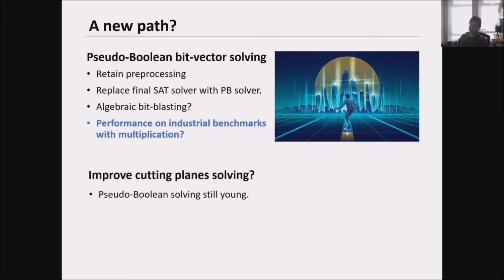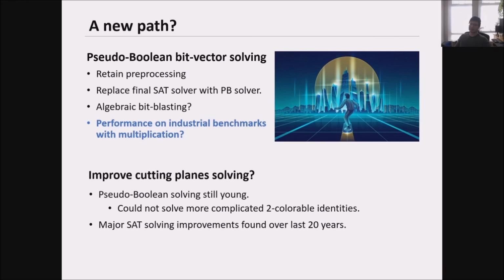Pseudo-Boolean solving is still relatively young, and many cases are known where current solvers are slow even though small cutting plane proofs exist. In fact, we weren't able to successfully solve any of the more complicated two-colorable identities, such as distributivity. But this is okay. Given the trajectory of improvements in SAT solving over the last 20 years, we'd hope that similar improvements could lie ahead for pseudo-Boolean solving.